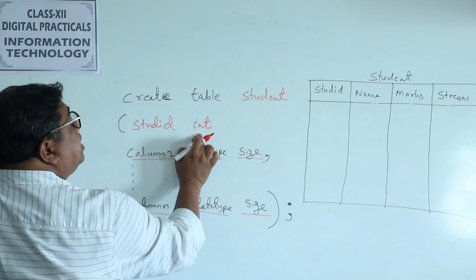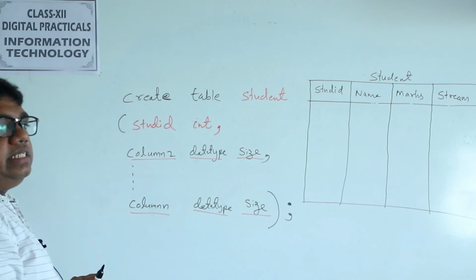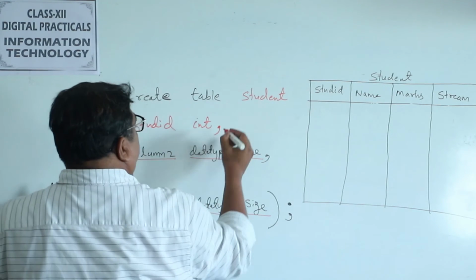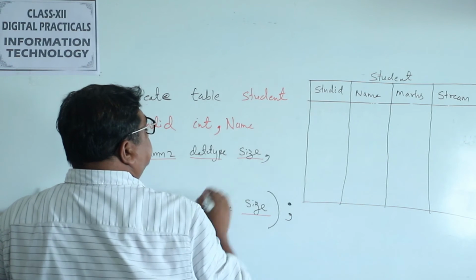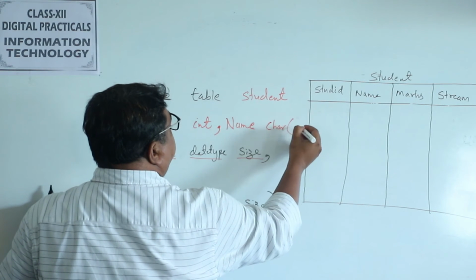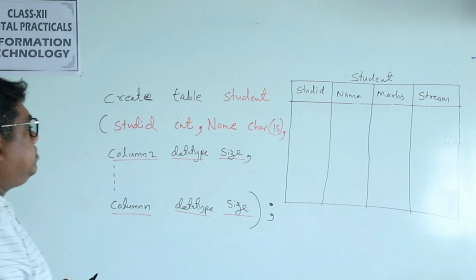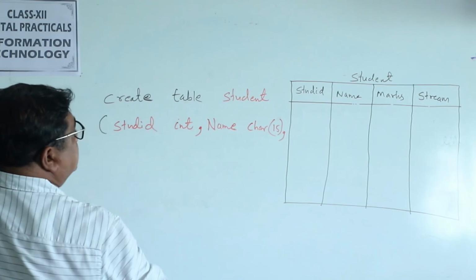There is no size for integer, so I will put a comma here. Then what is the second column name? Second column name is name. So I will write name. Name is the second column name. And what is the data type? Character, suppose 15. It will go up to 15 characters. Then comma. Okay.